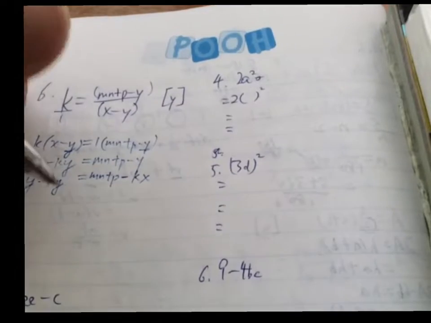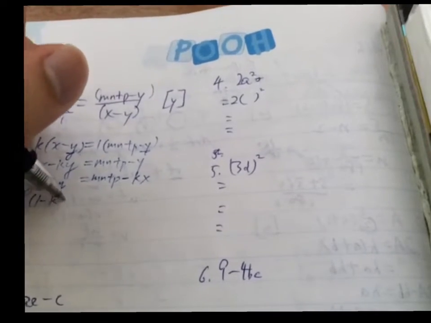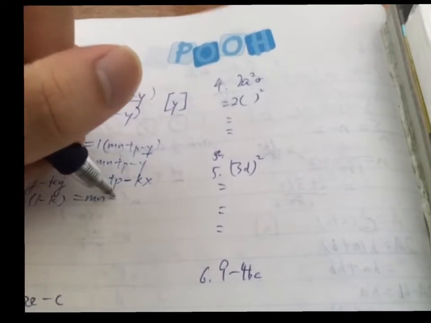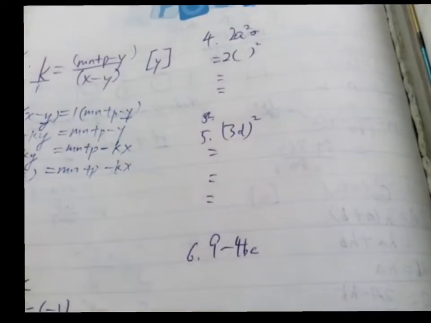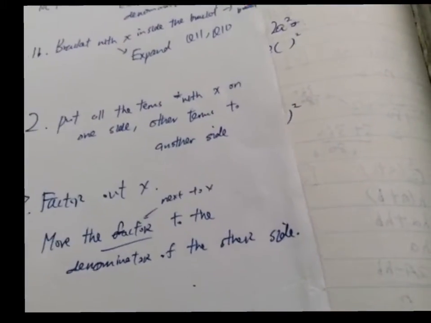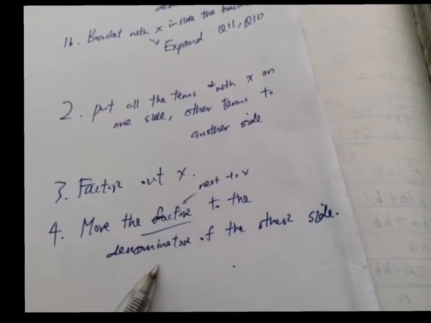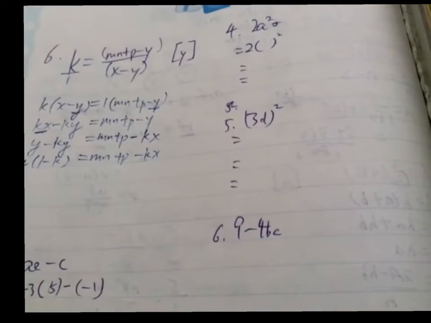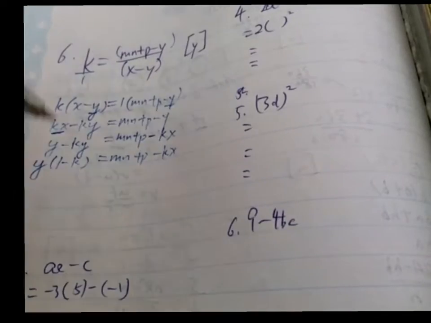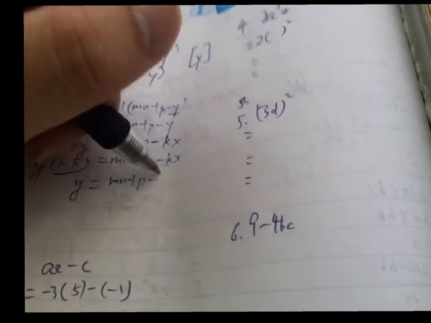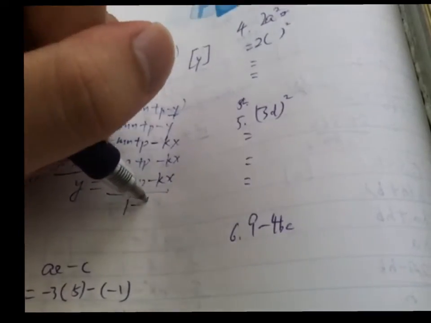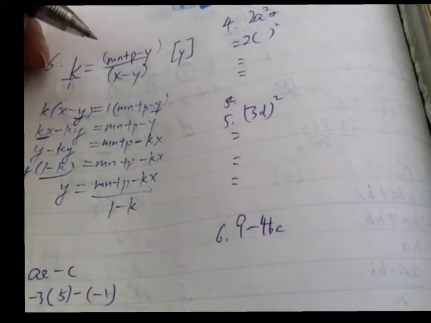I want to have y, so I factor out, 1 minus k, so it's mn plus p minus kx, and then you move the factor to the denominator of the other side. So I will move this to the right hand side, so mn plus p minus kx, and then it's over 1 minus k. That's it.